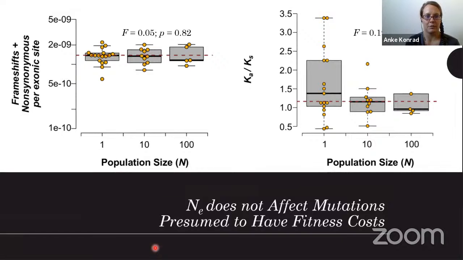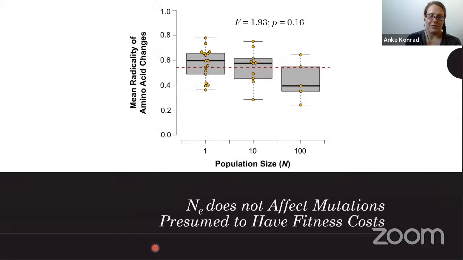And if we include frameshift mutations, or we look at non-synonymous changes per non-synonymous site divided by synonymous changes per synonymous site, again, we see no indication of selection in any of these data sets.